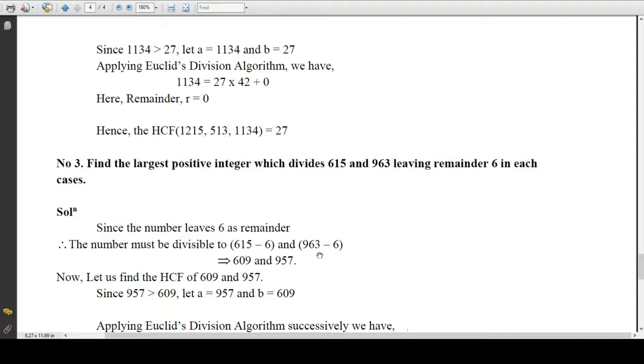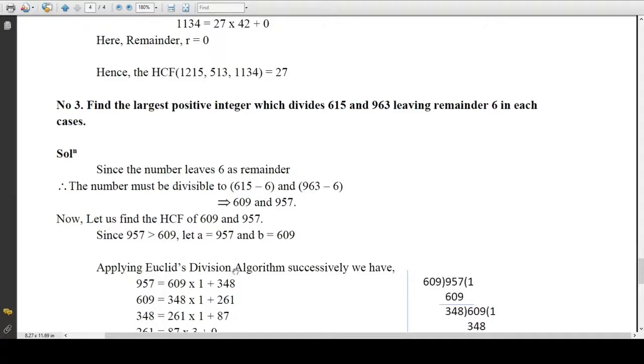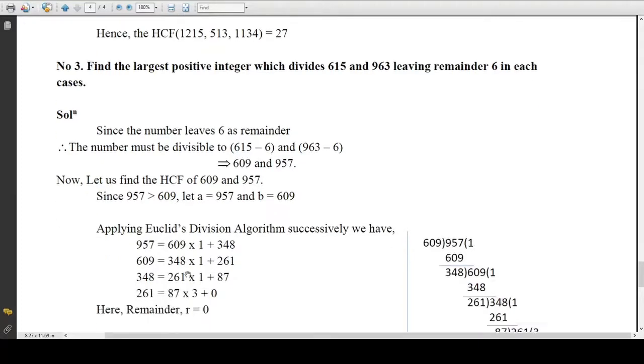Now we have to find the HCF of these two numbers, 609 and 957. Since 957 is greater than 609, we will take A as 957 and B as 609, and applying EDA successively, we have 957 is equal to 609 multiplied by 1 plus 348. Next 609 is equal to 348 multiplied by 1 plus 261.